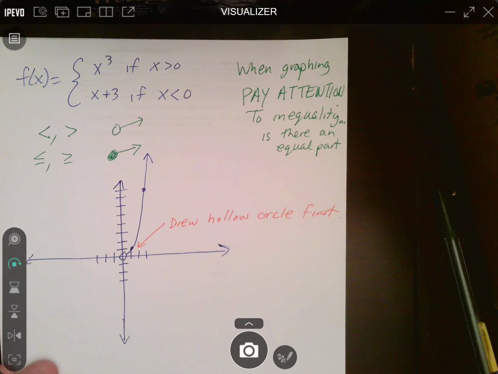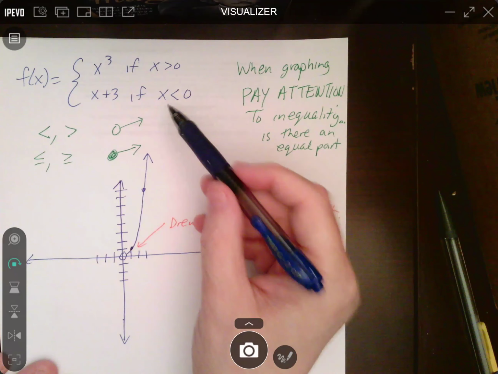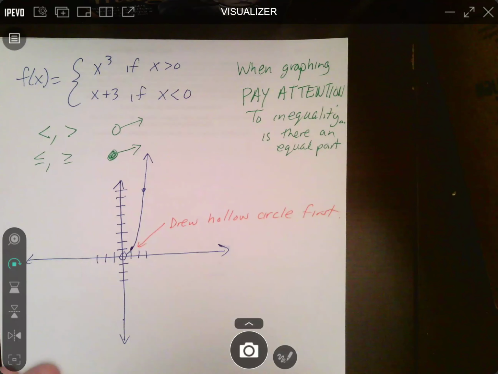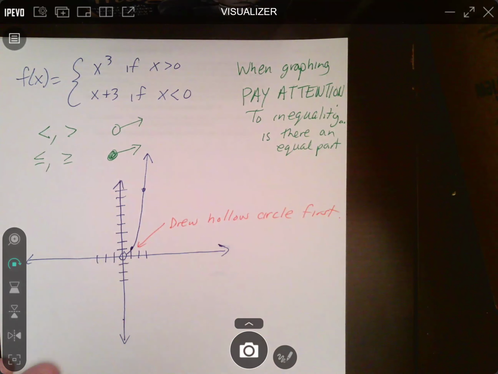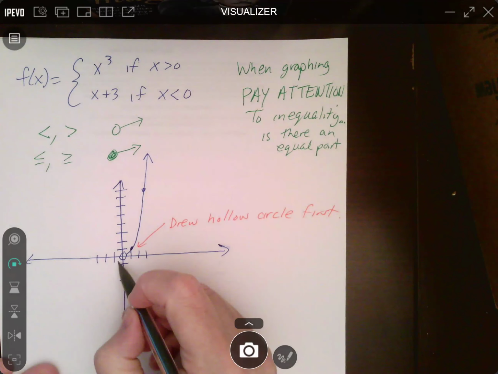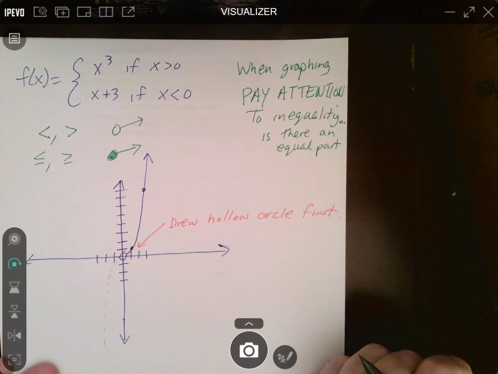And then I come over to the second half of the line, and it's x plus 3 if x is less than 0. If it helps you, you could draw both, but do it very light in pencil. So that would be the x cubed.